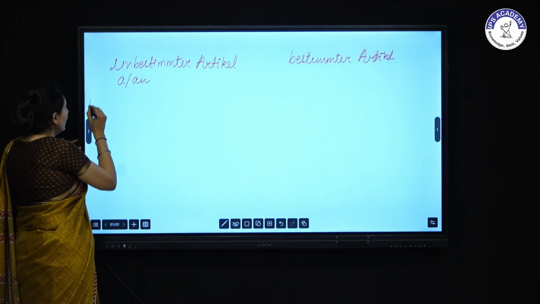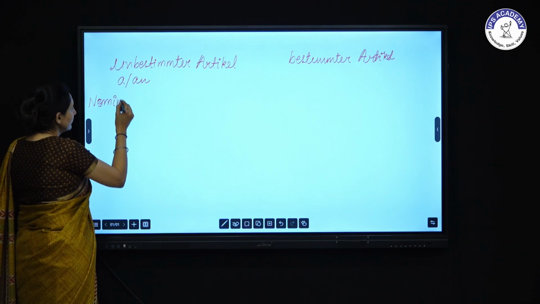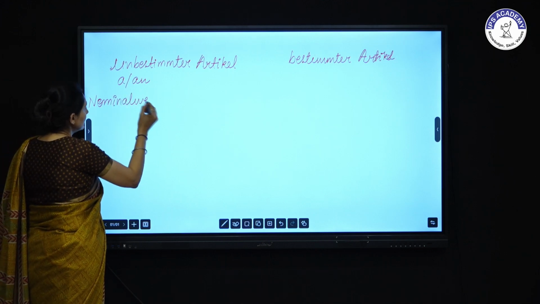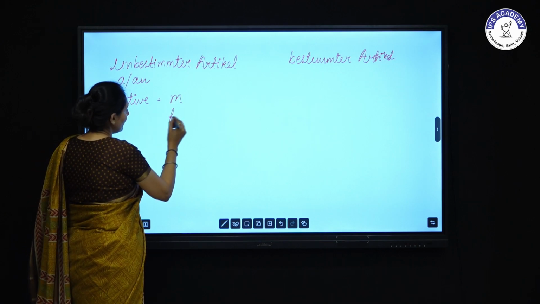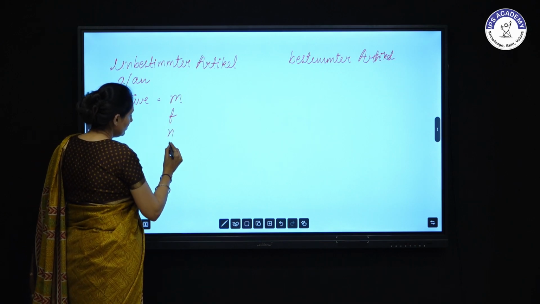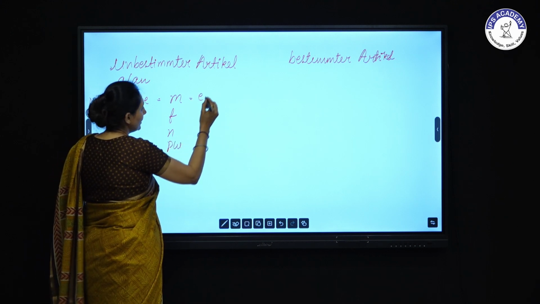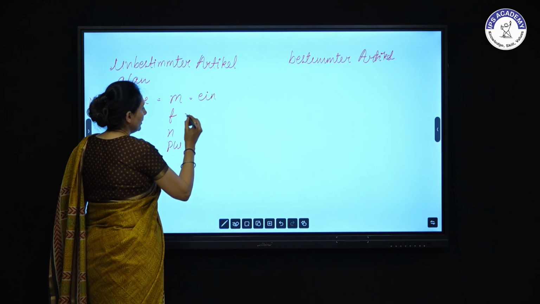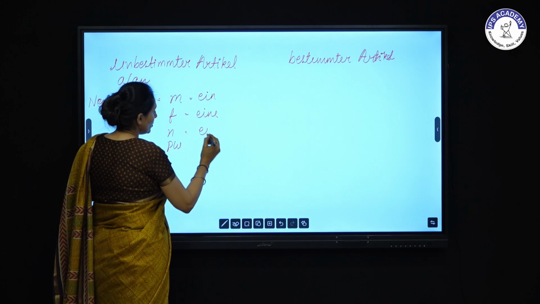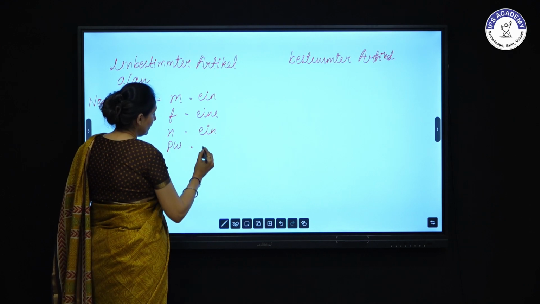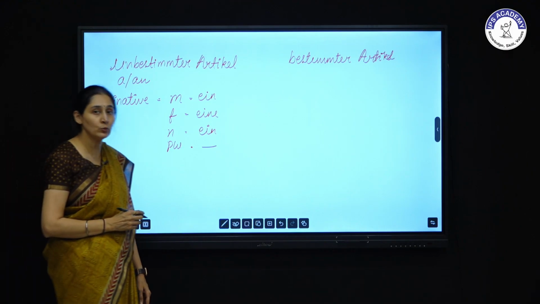When it comes to the nominative case, we are taking these articles in the masculine form, in the feminine form, in the neutrum, in the plural. When it comes to masculine, we have ein, feminine is eine, neutrum is ein, and in the unbestimmter article we don't have a plural form.